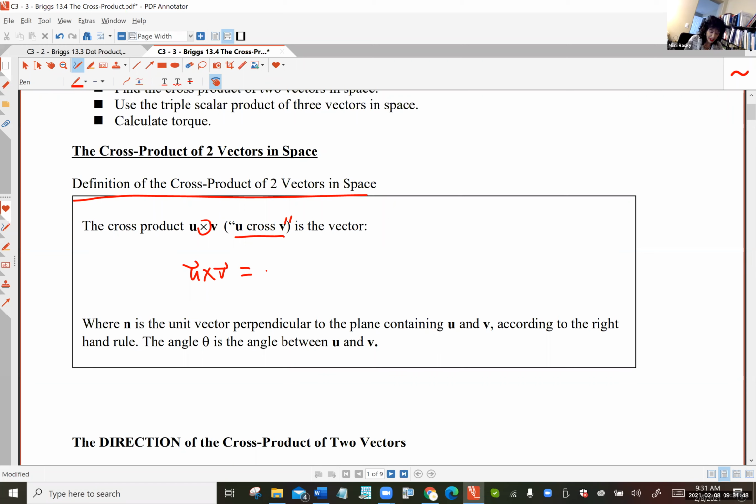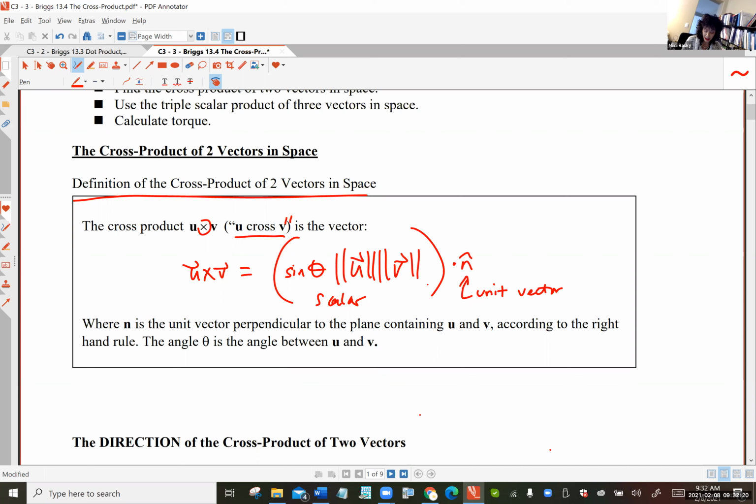Well, this is just the definition. It's a scalar times a vector. Hey, we've seen that before. So this scalar, and the vector is also, I'm going to call it n hat. It is a unit vector. Well, who's n hat? Don't worry, I'll walk you through it. The scalar is going to be kind of weird. It is the sine of the angle between the two vectors multiplied by the product of their magnitudes.